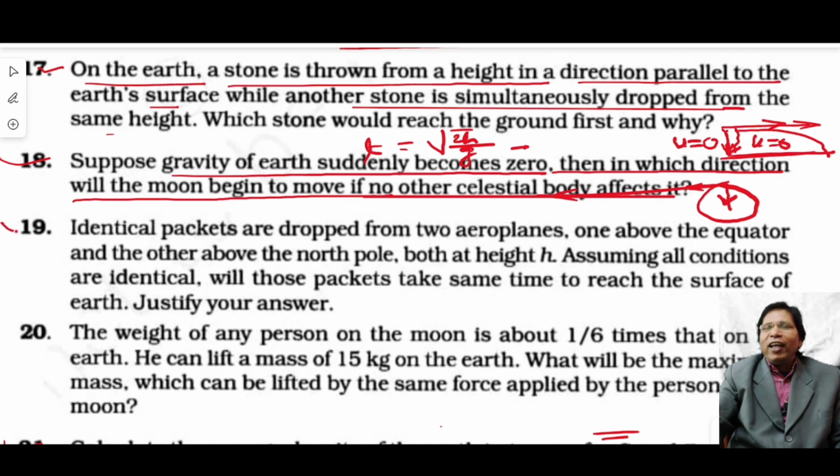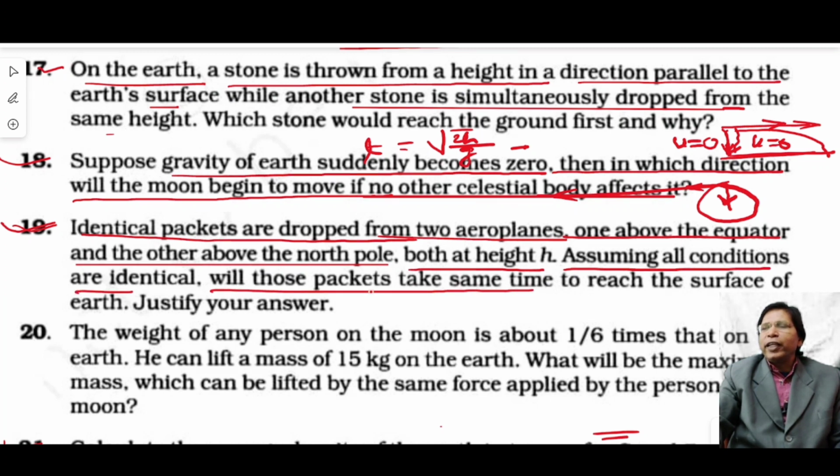Now question number 19. Identical packets are dropped from two aeroplanes, one above the equator and the other above the North Pole, both at height h. Assuming all conditions are identical, will those packets take the same time to reach the surface?